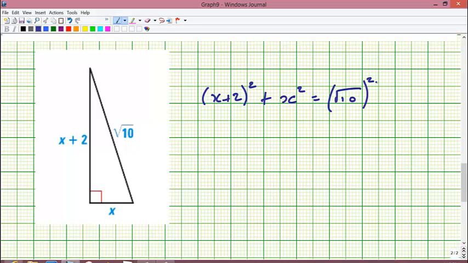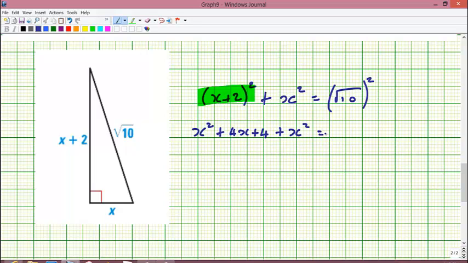Now we're going to simplify each of these components. We'll start off with x plus 2 squared. X plus 2 squared, when we multiply out the brackets, we get x squared plus 4x plus 4. We then add the x squared.